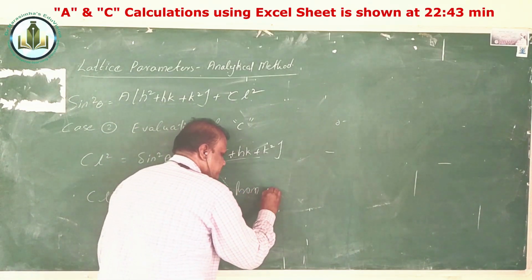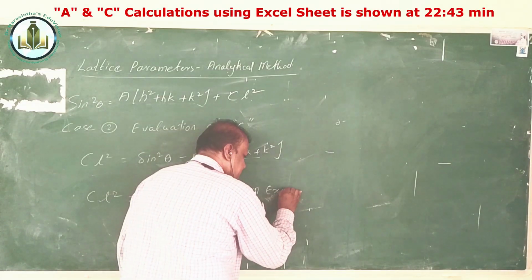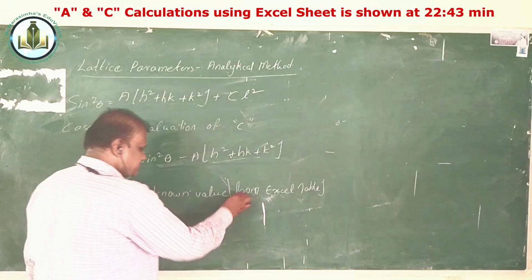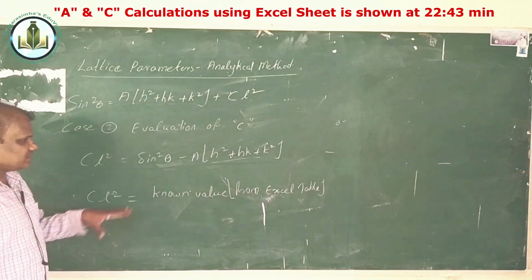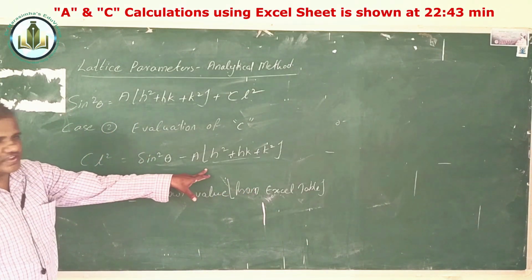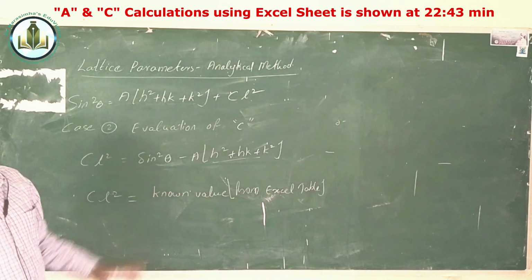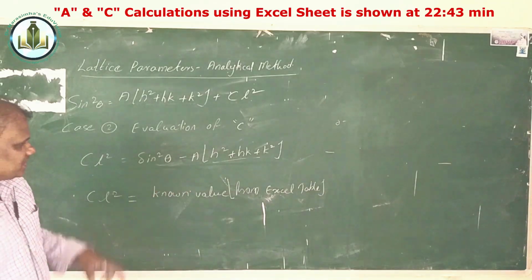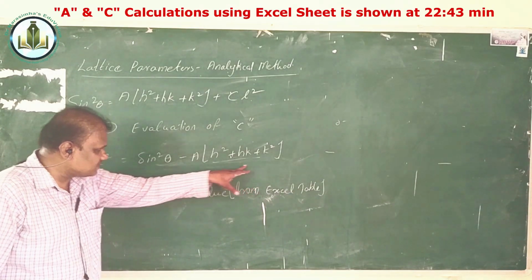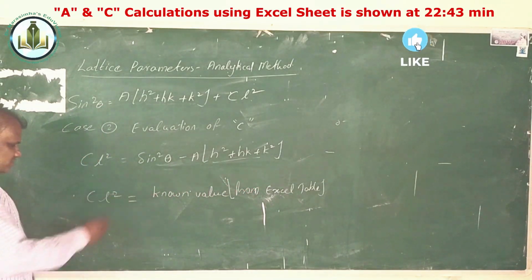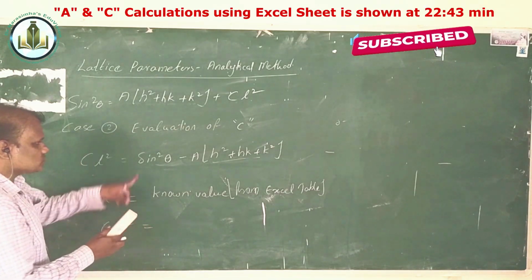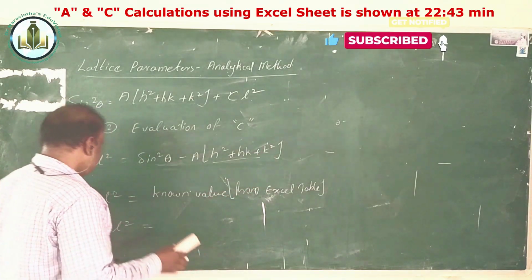So from the Excel table you are going to identify this particular value. In each column there is a particular value, and that value is going to repeatedly appear in every column. So C L square equal to this value, which you are going to get from the Excel sheet.